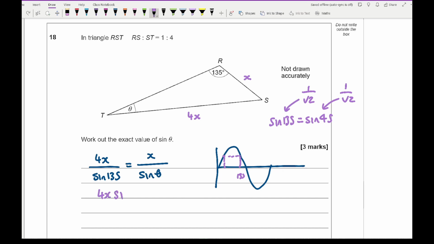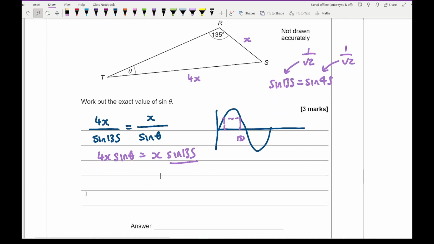If I do a bit of cross multiplying, 4x sine theta equals x sine 135. Now we know, as I've just mentioned, that sine 135 is equal to 1 over root 2. So 4x sine theta equals x multiplied by 1 over root 2.